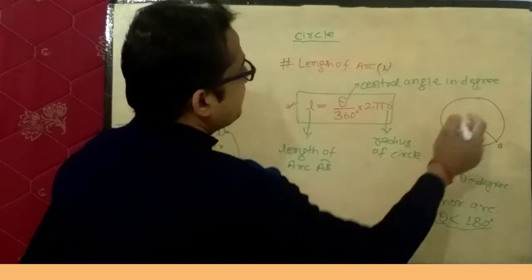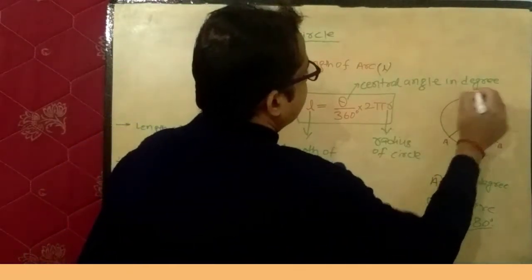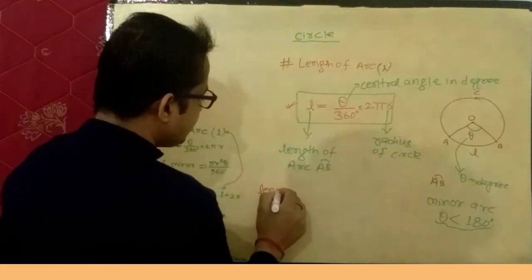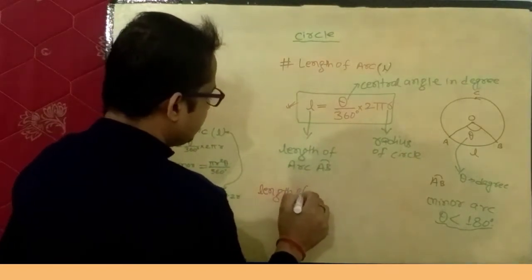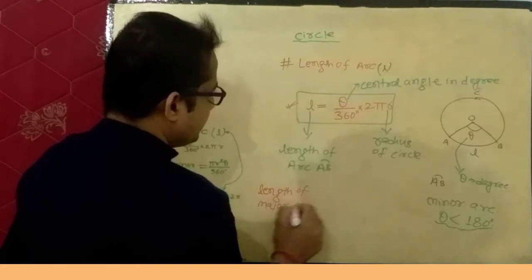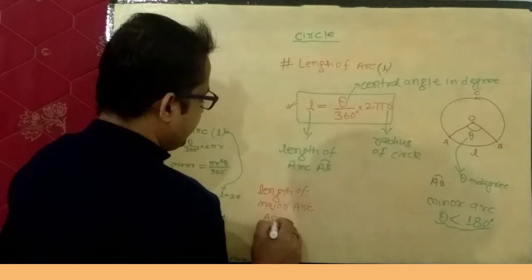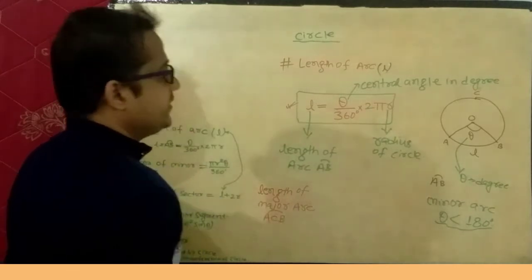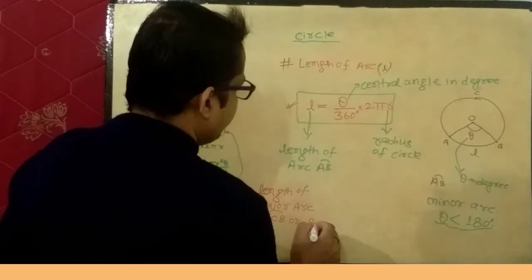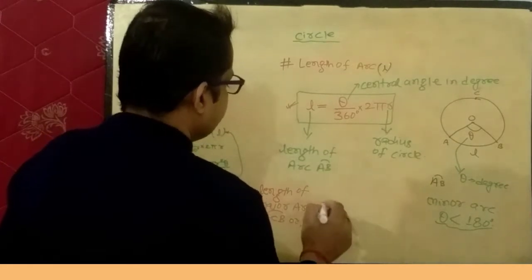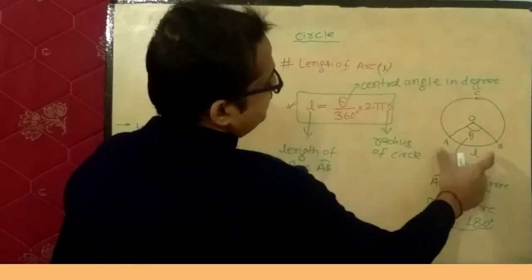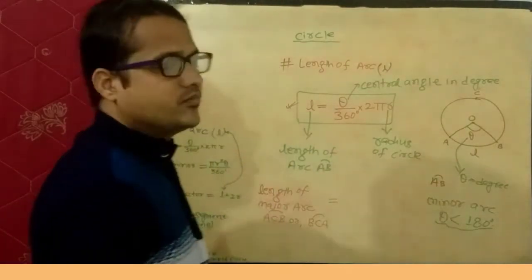If you wish to find out the length of this major arc, that is the length of major arc ACB or BCA, then this length equals the circumference of the circle minus the length of this minor arc.